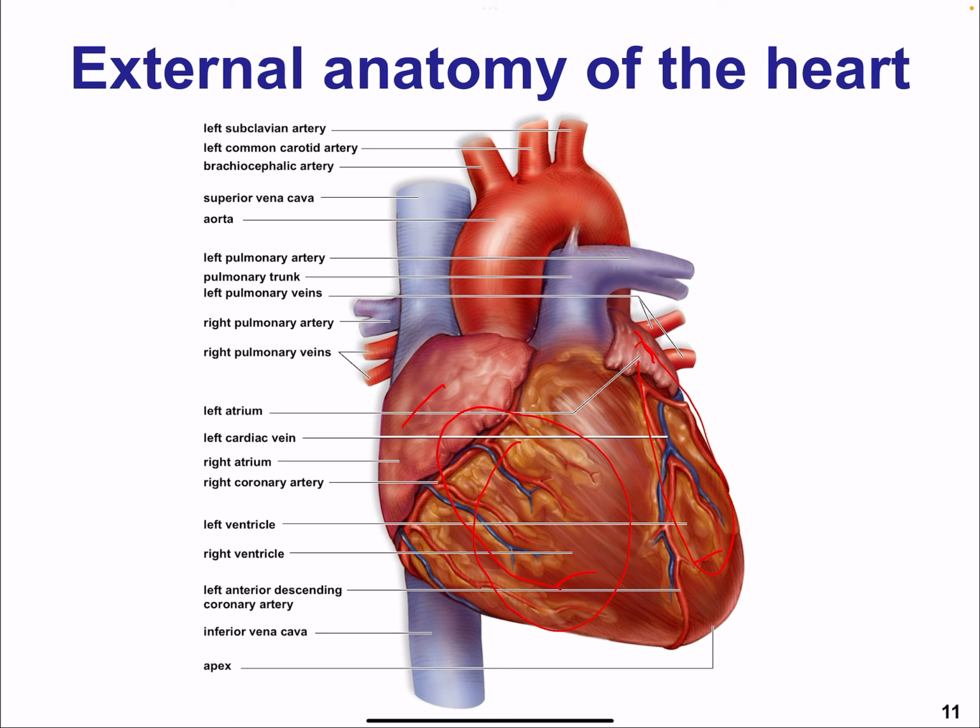And you can have here the right ventricle, the left ventricle, the right atrium, the left atrium. So if you follow the arrow, you're going to see that's the left atrium. This is the right atrium, okay? Right ventricle, left ventricle. Now, obviously here you cannot see the septum, right?